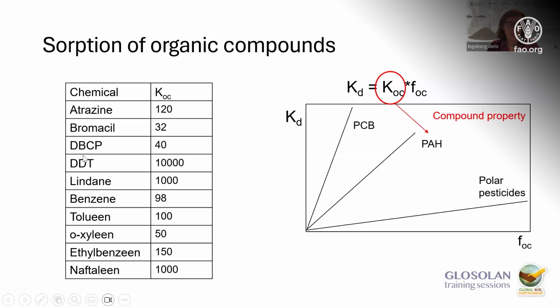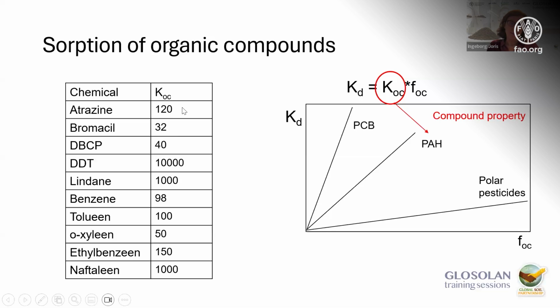If you then look, for instance, at bromacil, which is another pesticide, it only has a KOC of 32, so it doesn't have a high tendency to stick to the soil, and it will be very mobile. And these types of compounds have a high risk of leaching to the groundwater because they tend to stay in the water phase and they are washed out to the groundwater.